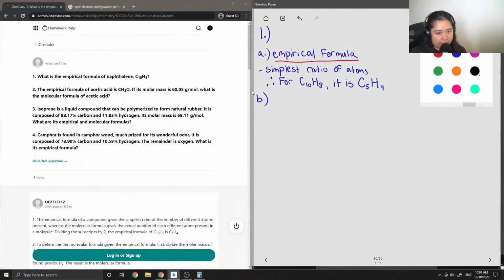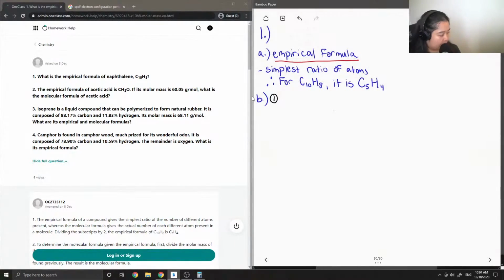So we can break this up into different steps. Step 1 is to find the mass of your empirical formula. If we know the mass of our empirical formula, we can find out its ratio with the molar mass that's given, and then we'll know how to multiply in order to get our molecular formula.